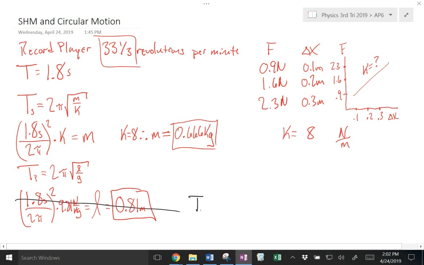So what is the period of the pendulum if the actual length is 0.91 meters?